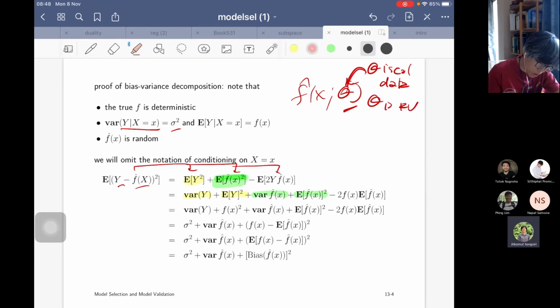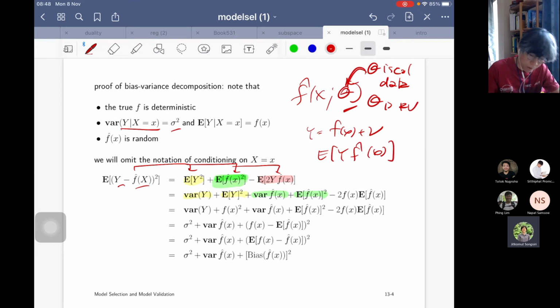The last term, the expectation of 2 y f hat, where y is f(x) plus noise: it is a conditional mean when x equals small x, so it becomes f(x) times E of f hat.